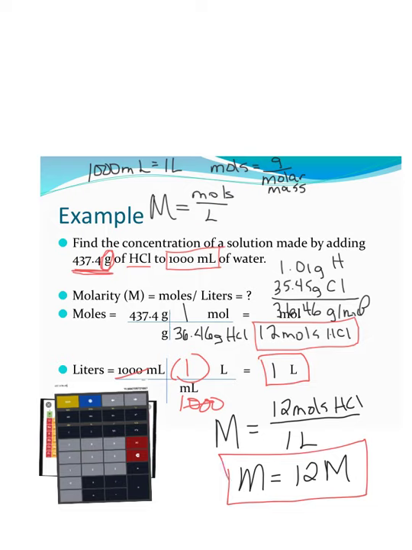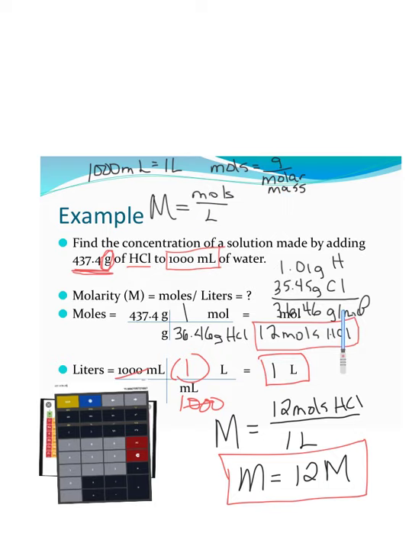So just to recap what we talked about today, I introduced to you molarity, which is also known as concentration, which is the amount of solute per solvent. Our formula for molarity is moles divided by liters. Remember, if it gives us mass like it did in this problem, we have to convert to moles by taking the mass divided by the molar mass.